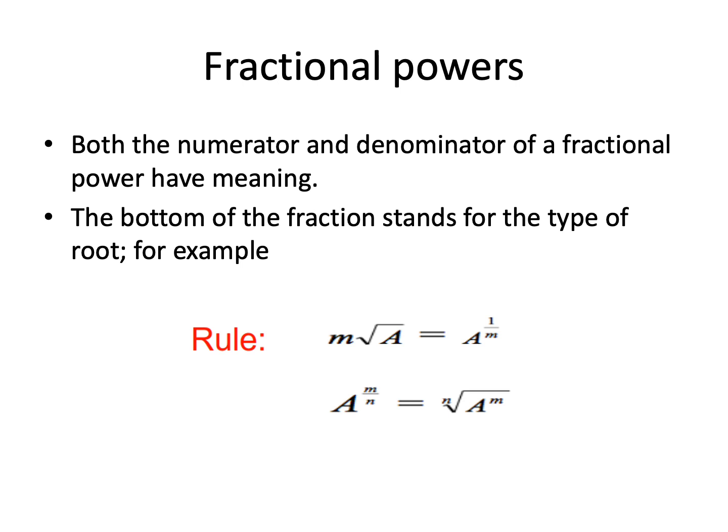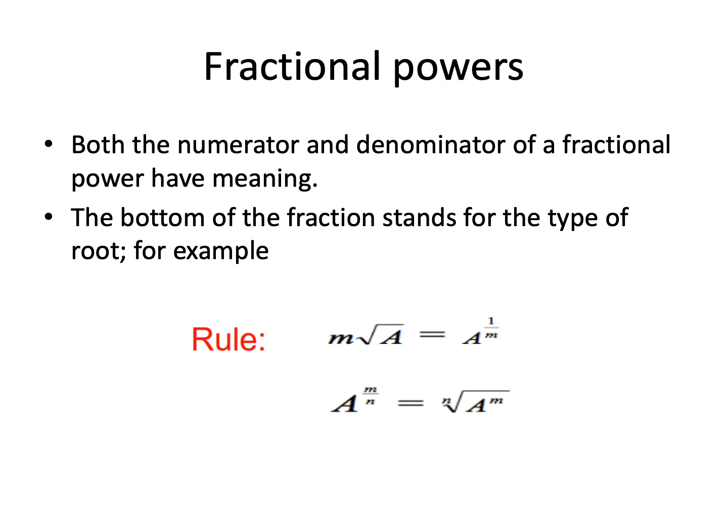What about the bottom of the fraction? The bottom of the fraction stands for the type of the root. Now I have stated for you the two rules of the fractional powers. The first one is the nth root of a gives us a to the power of 1 over n.